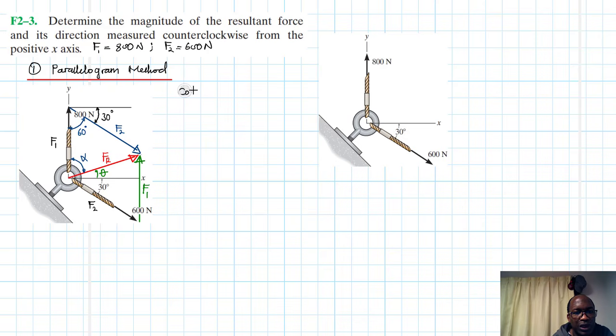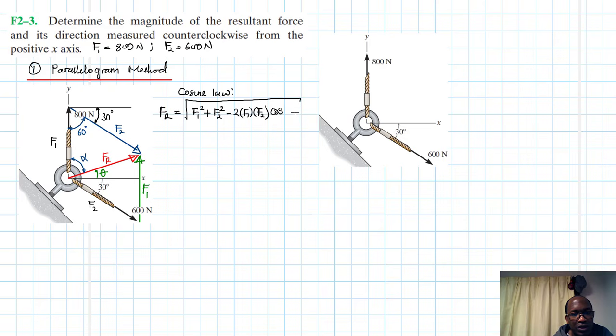So using the cosine rule, FR is equal to the square root of F1 squared plus F2 squared minus 2 times F1 times F2 cos of which angle?